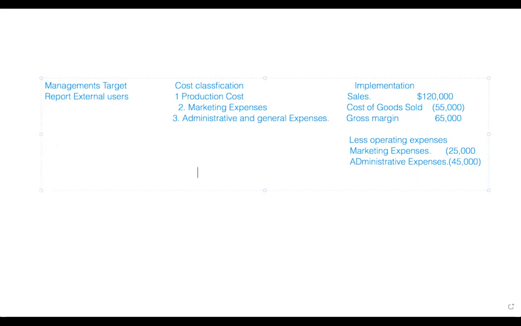The total operating expenses is 40. Sorry, I made a mistake. It should be 20 here, 20,000. So the total became 45,000.